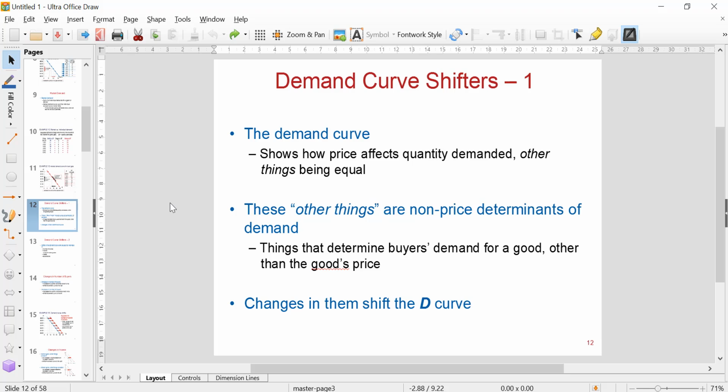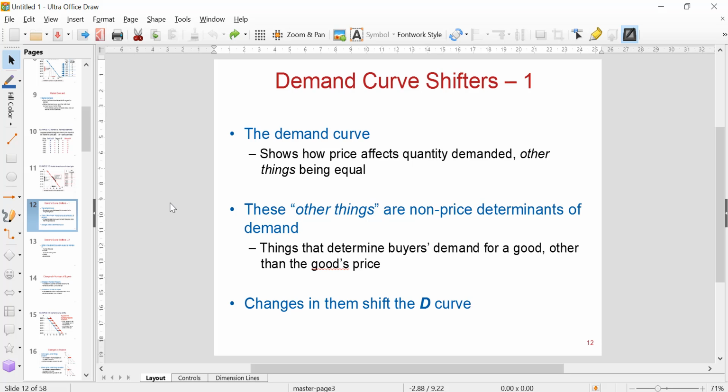Now a little bit about the other things that we hold constant. I introduced this concept a little earlier, but we'll just recap this point. The demand curve shows how prices affect quantity demanded. Notice this, other things being equal, so we're holding everything else constant, will be the same while price changes.